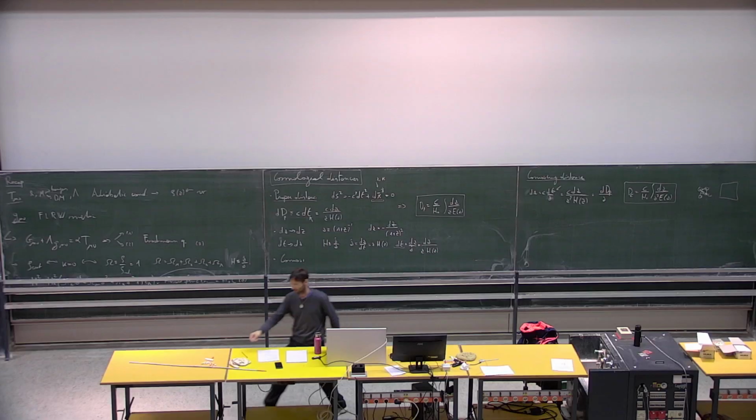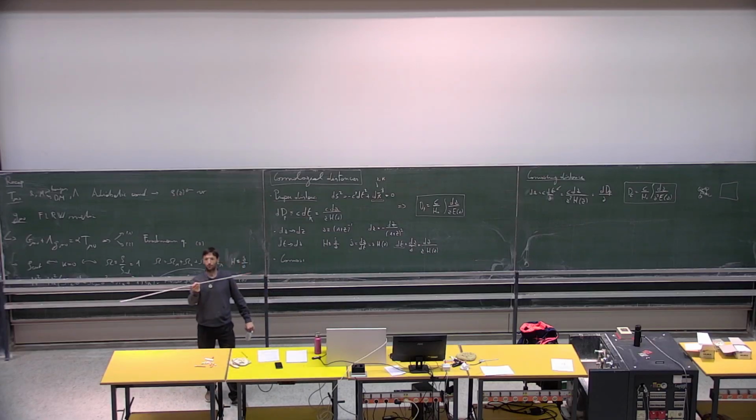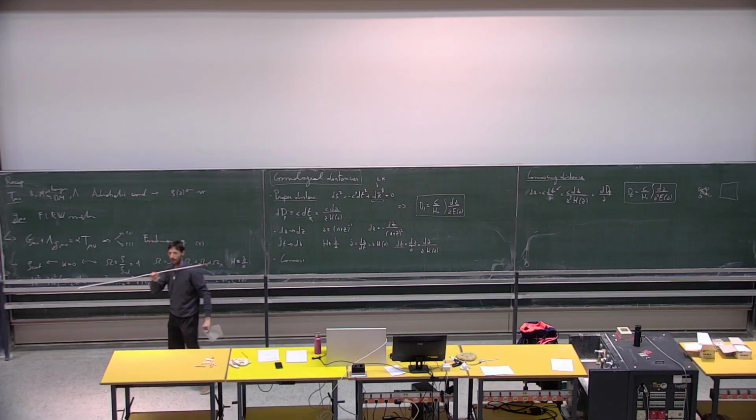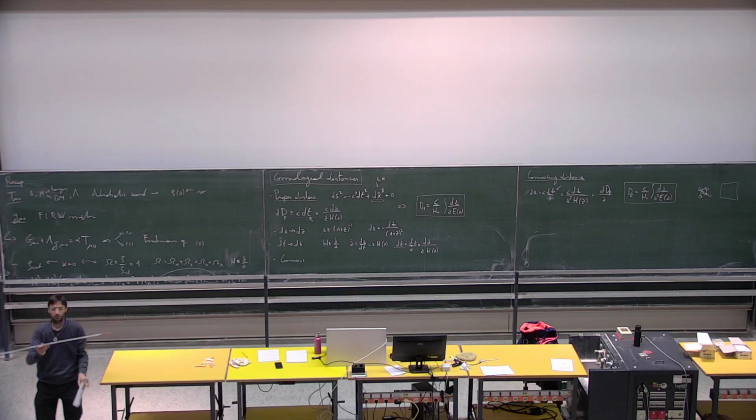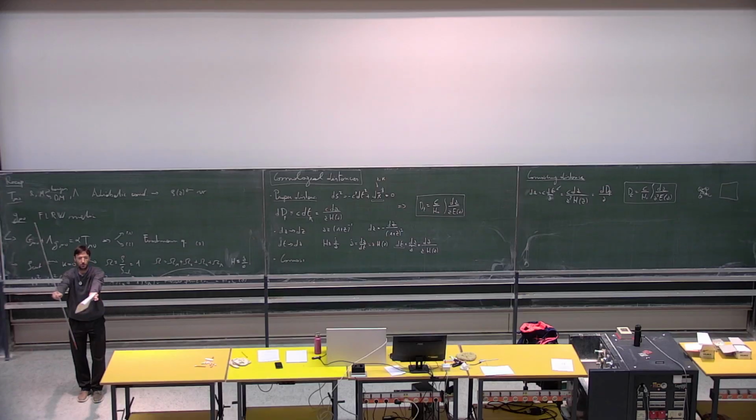Let's take, for example, this stick. And from your eye, you can draw a line that arrives at the edges of this stick. You define a certain angle, right? If I come closer to you, this angle is growing. If I go away from you, the angle is getting smaller.